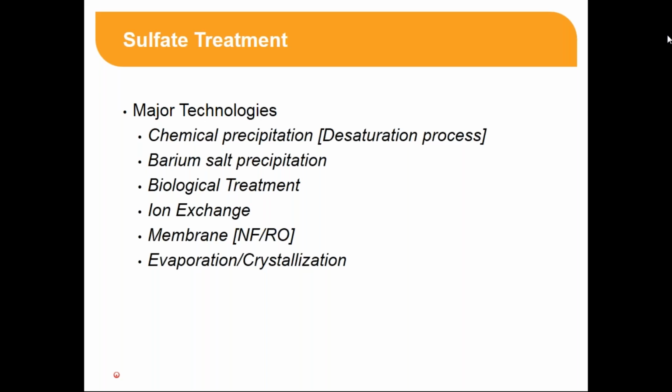The next one is the ion exchange process, and the next is the membrane, nanofiltration or reverse osmosis process. I'm going to go into detail on each of these processes. The last one is the evaporation and crystallization process. I'm not going to talk much on that because evaporation and crystallization is expensive both capital-wise and operating-wise.